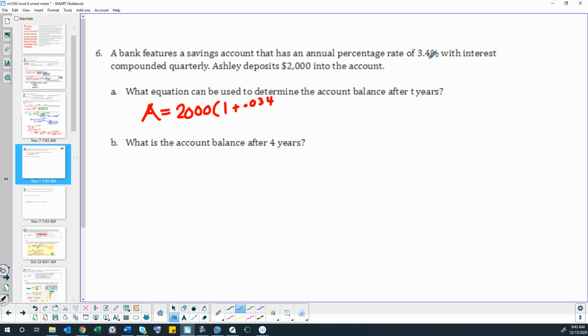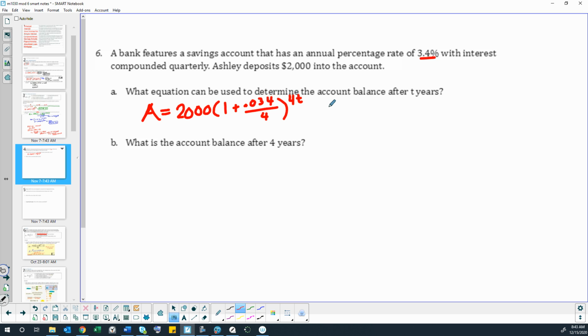When the rate is already a decimal, but it's a percent, and you have to change it to a decimal, you're still just moving the decimal place over 2 places to the left, but you still have to have the other decimal place that was on the percent, and so it would look something like this, if that makes sense. So then we're compounding quarterly, so that would be divided by 4, and then that would be to the 4 times t power. So there's the equation we would use.